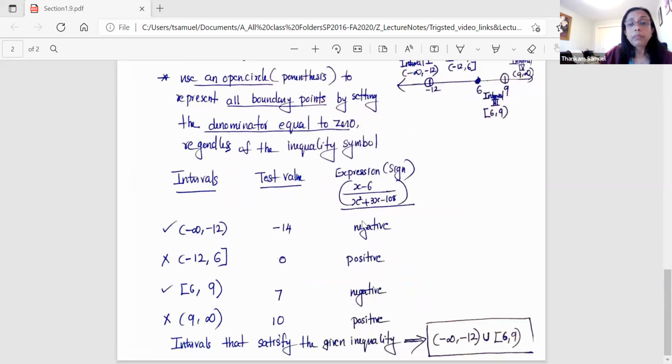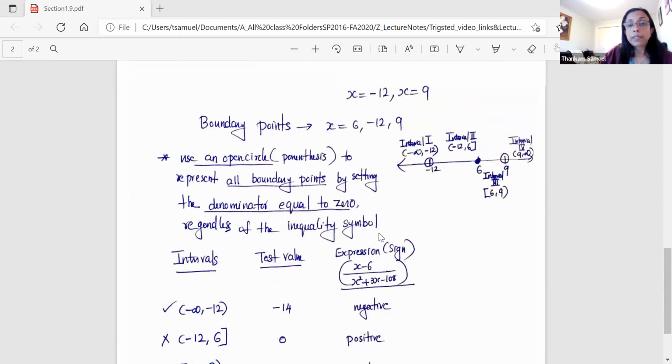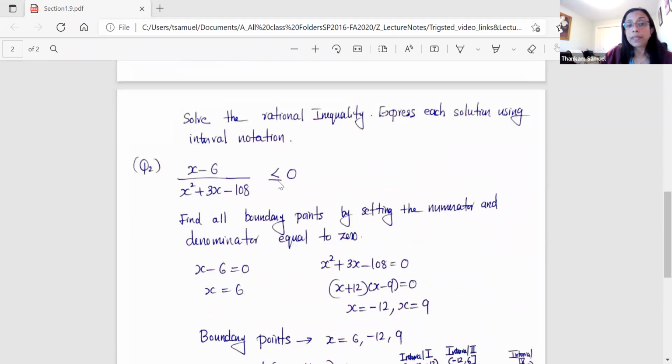So on this interval, the sign of (x minus 6) over (x squared plus 3x minus 108) is negative. The original inequality is less than or equal to 0, so we got a negative value, which means that interval satisfies this inequality.